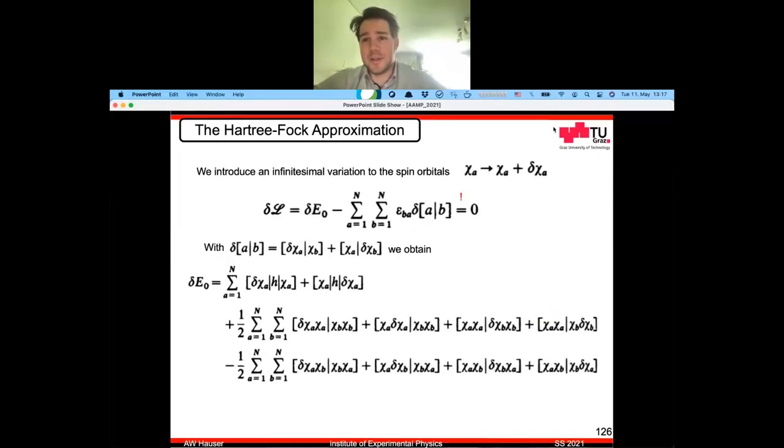And here I'm following this way of how Szabo and Ostlund are doing it. It's a little different approach in German textbooks, maybe because of historical reasons, that in the German literature it's very often explicitly worked through in this picture of taking the derivative with respect to some coefficients and so on.